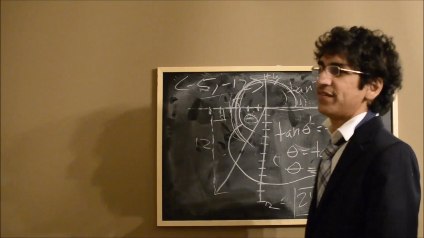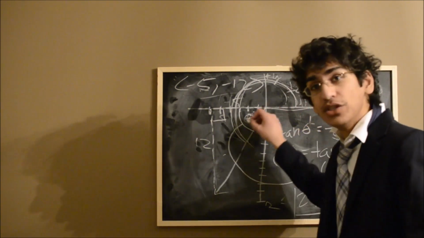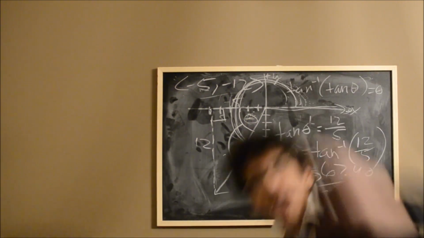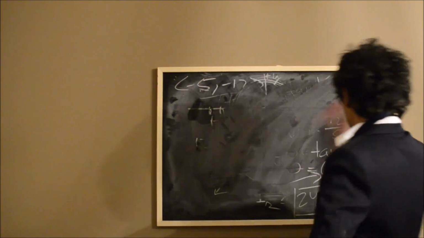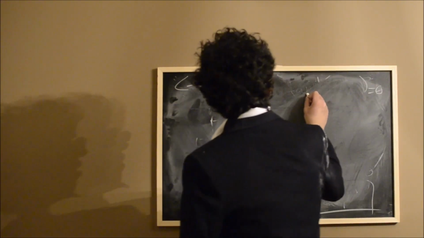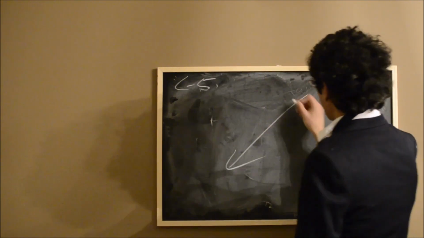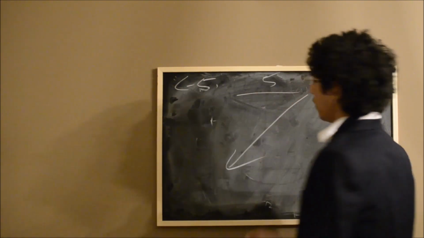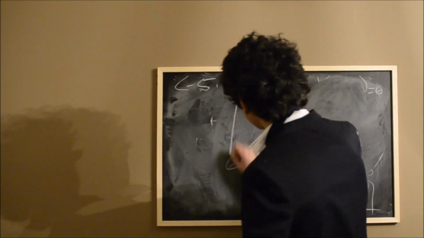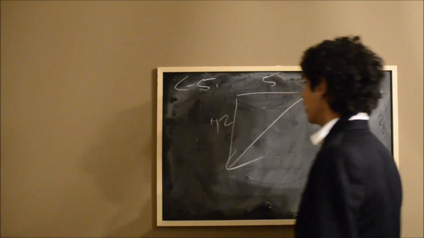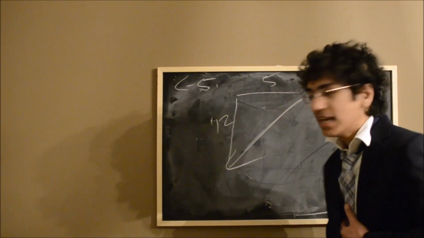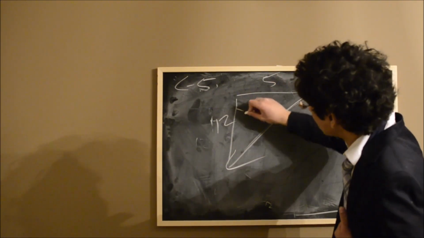Now, how do we find the length, the magnitude of the vector? Well, we use the procedure that we used last time. Like we said, -5 was the x component, negative 12 was the y component. Okay, so to find the length, we do what we always did.